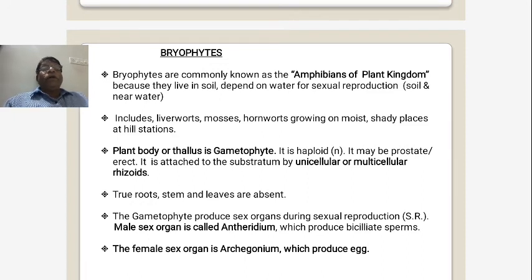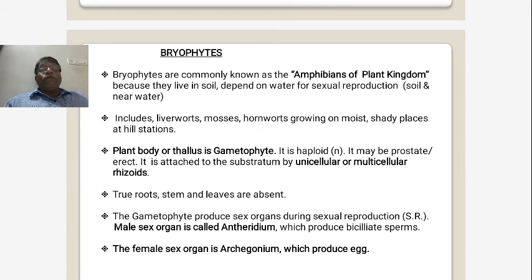Now, this bryophyte includes liverworts, mosses, hornworts. These plants are commonly found growing on moist, shady places at hill stations. Sometimes they are found growing on tree trunks.